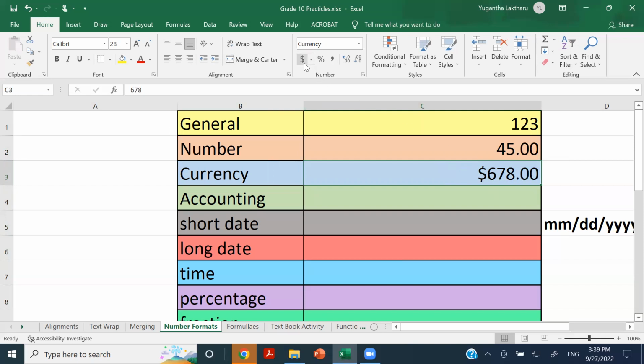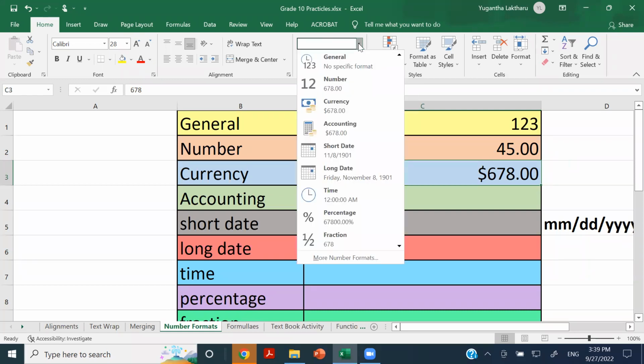Now you can see there are a few currency symbols over here. But if we choose any other currency symbol from here, the selected cell will be modified as an Accounting number format, not as a Currency number format. So it's better you understand that there are 2 types of number formats over here.